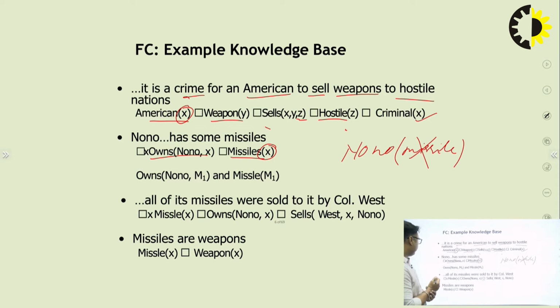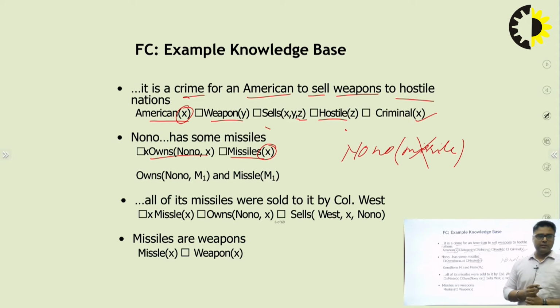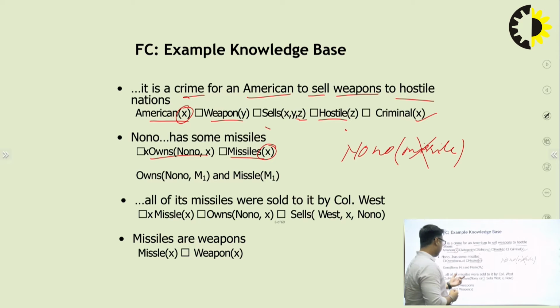Another statement says that all of its missiles were sold to it by Colonel West. Colonel West is a person who is selling missiles to enemy states and countries. So, using that statement, we write down some logic.